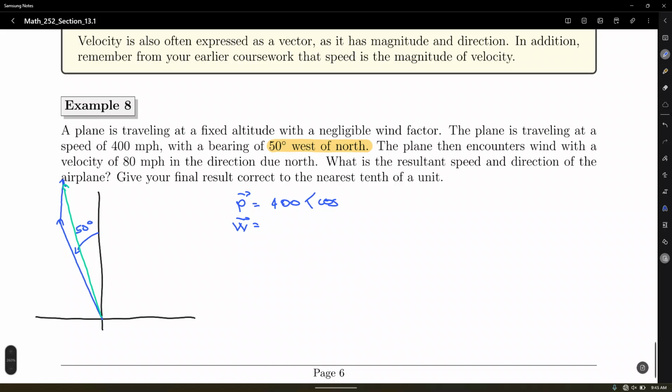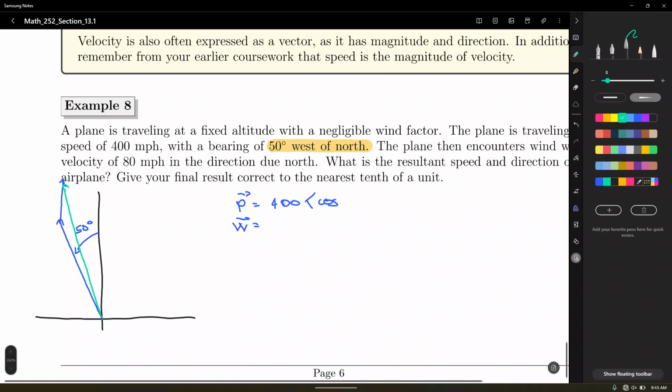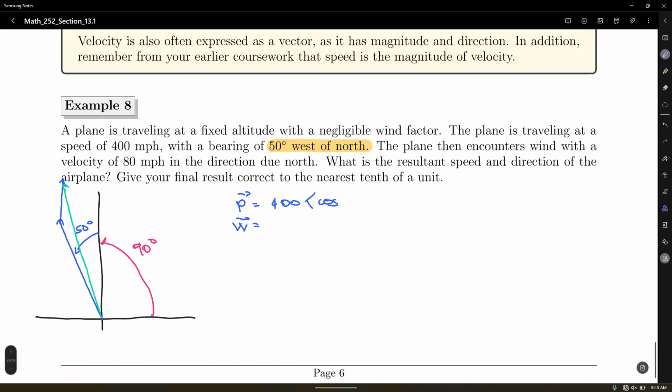Yes, so the radar information is telling us 50 degrees west of north. So that's the standard position on the radar. However, when representing this as a vector mathematically, we need to keep in consideration this other 90 degrees. So 50 plus 90, that's going to give 140 degrees. Sine 140 degrees. All right.